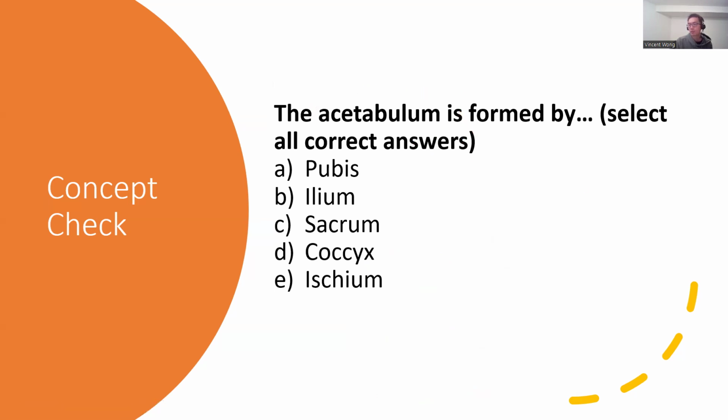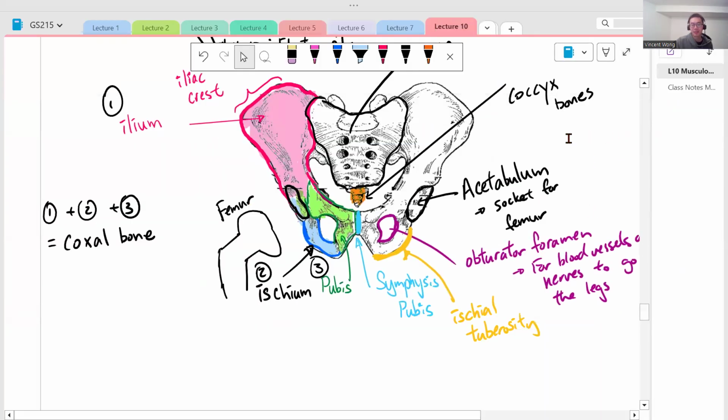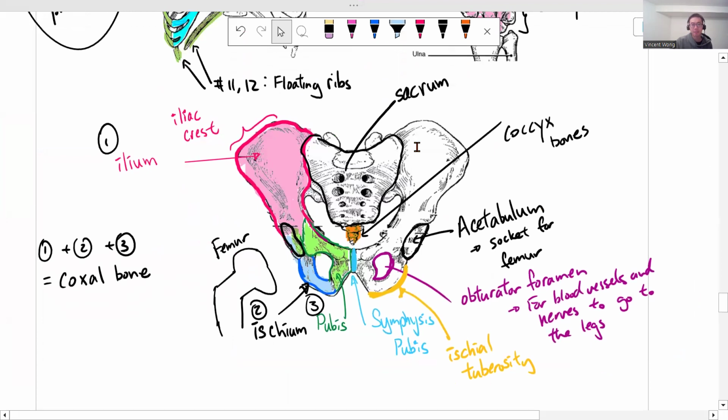I think I'll do this one for you. It's unlikely you guys remember because again you're focusing on the kidney test, right? So that's the acetabulum here on the side of the coxal bone, and that is made up of 3 bones: the ilium, the ischium, as well as the pubis. They all kind of contribute to this socket.